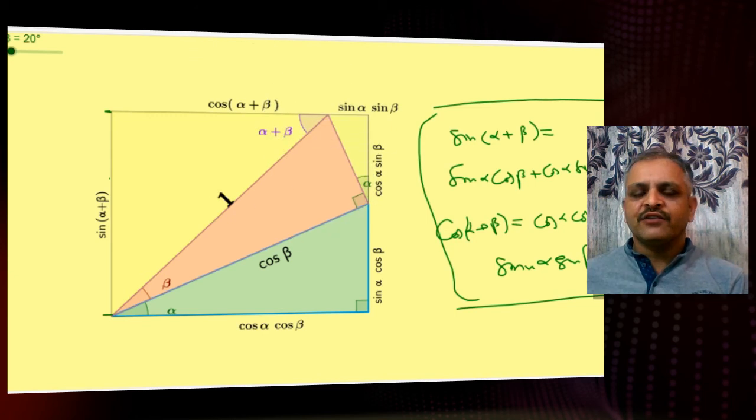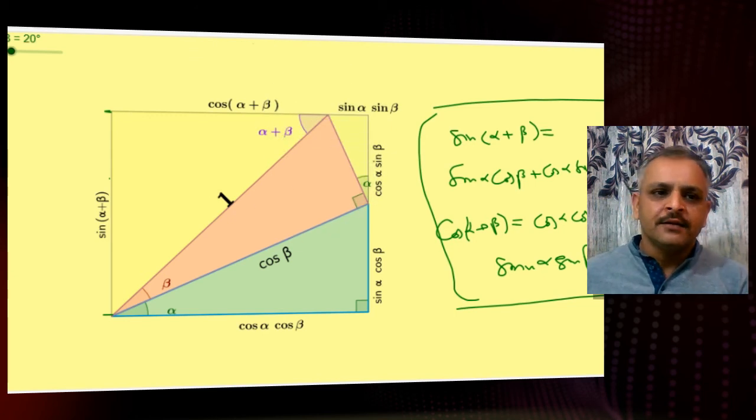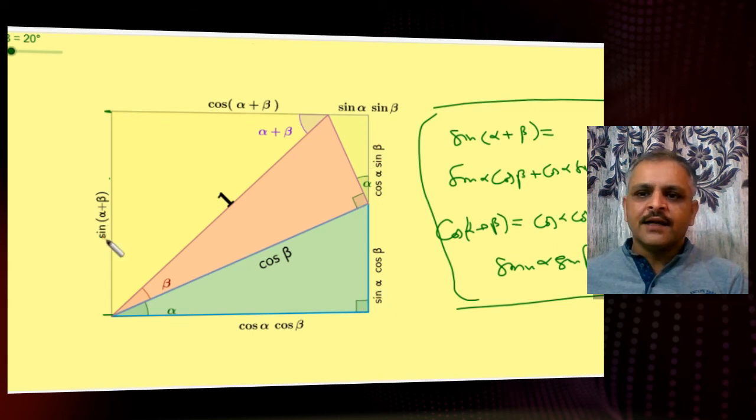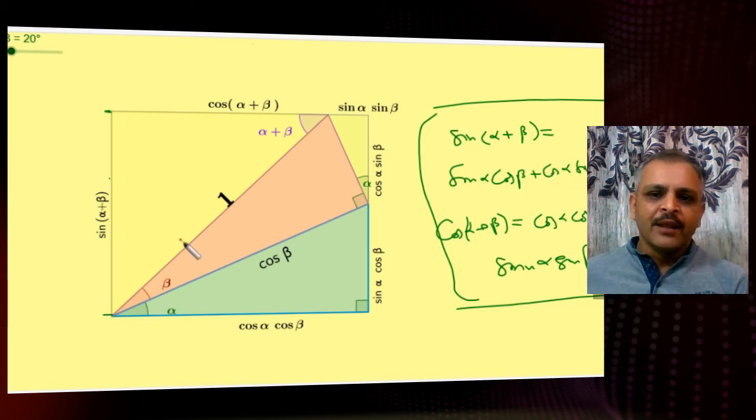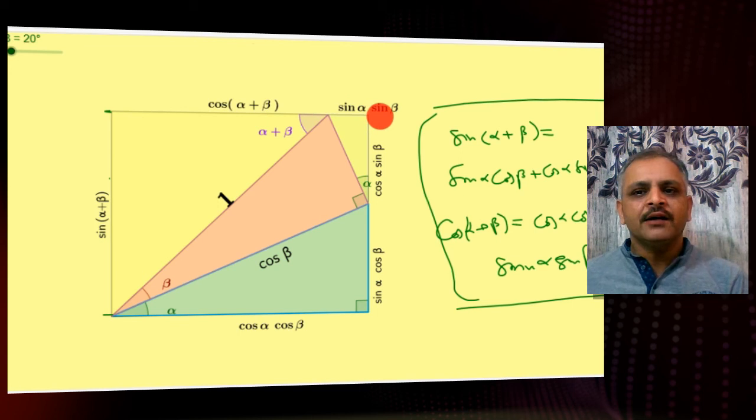So you can observe this diagram carefully. Once again, this side is equal to this one. That's why I can say that sine alpha plus beta is equal to sine alpha cos beta plus cos alpha sine beta. Whereas cos alpha cos beta will be equal to cos alpha plus beta plus sine alpha sine beta.